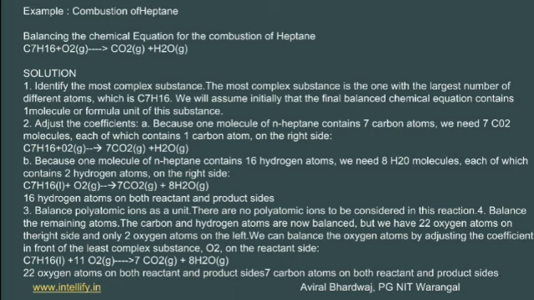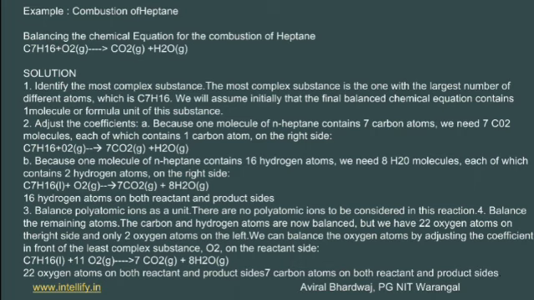Then balance the hydrogens. There are 16 hydrogens on the left and 2 hydrogens on the right, so balance 8 H2O on the right side. And at last, oxygen. Oxygen on the right side is 14 plus 8, which is 22, and on the left side it is 2, so balance 11 O2 on the left side.